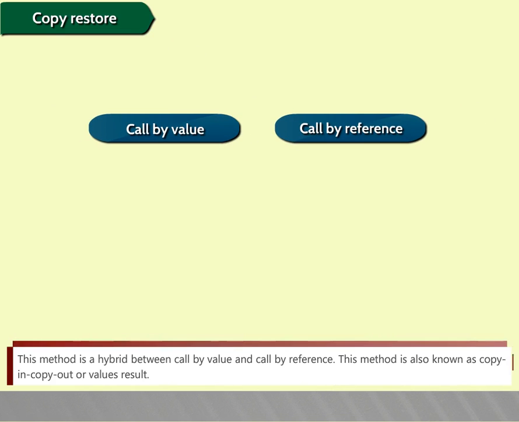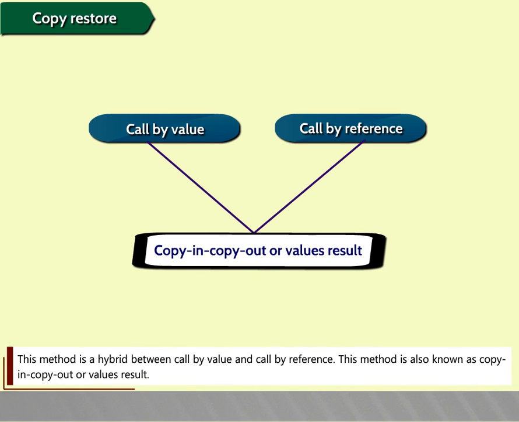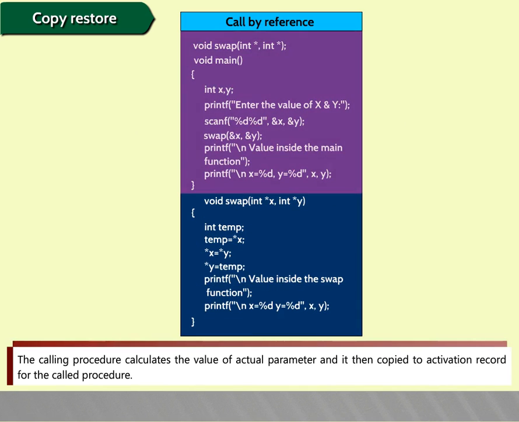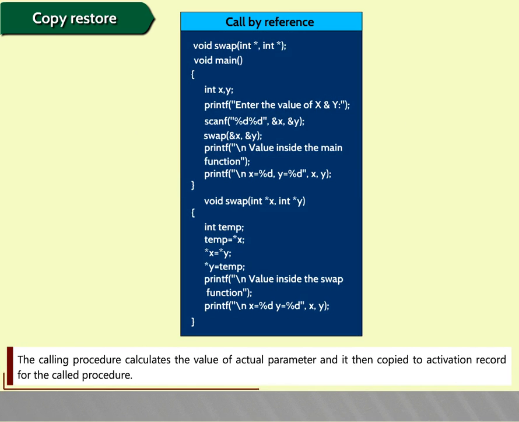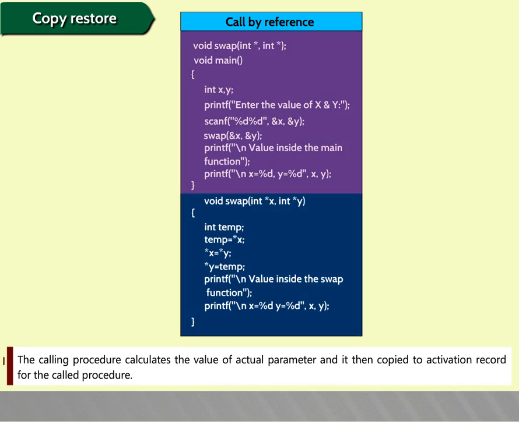Copy restore. This method is a hybrid between call by value and call by reference. This method is also known as copy in, copy out, or values result. The calling procedure calculates the value of actual parameter and it is then copied to activation record for the called procedure.